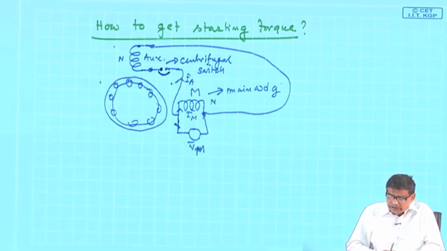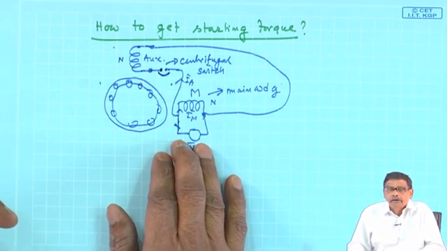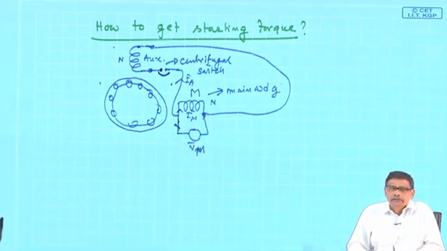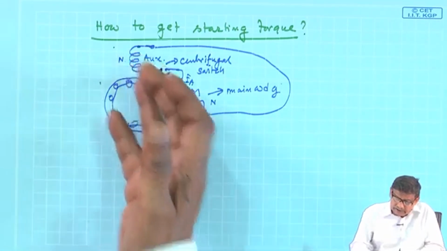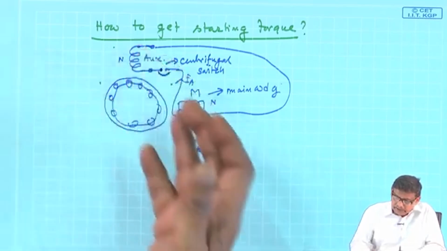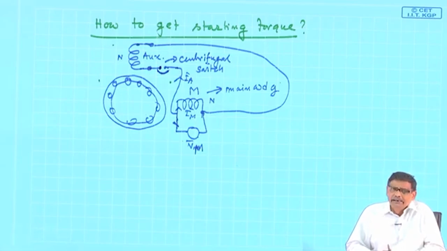Now, the question is, this auxiliary winding and main winding, what should I do? These currents should be manipulated so that apparently I make it operate as a 2-phase motor.